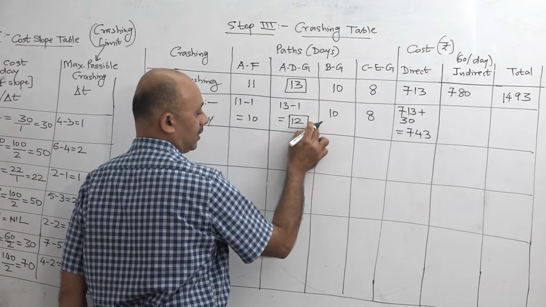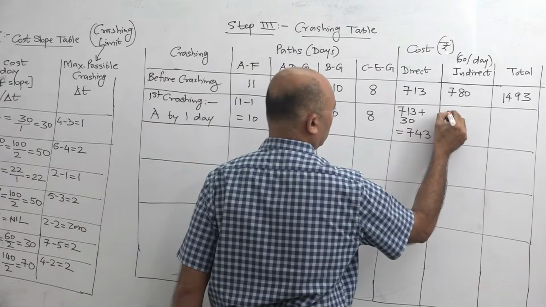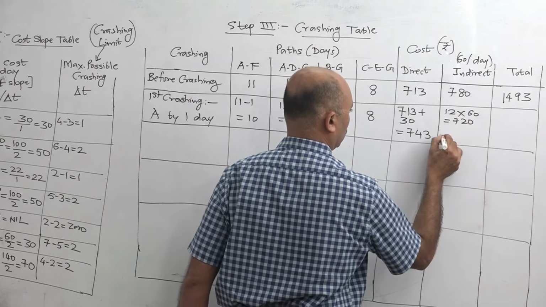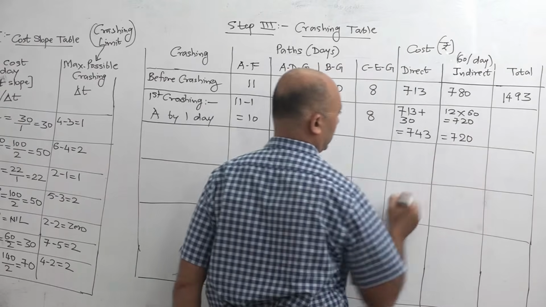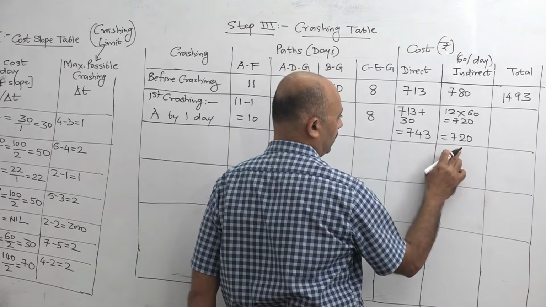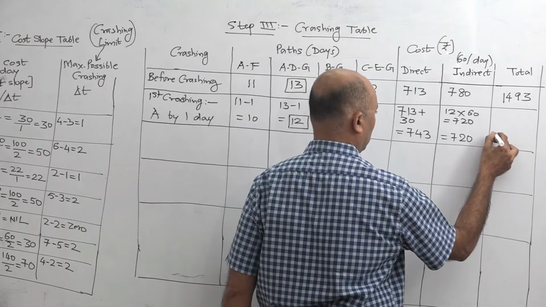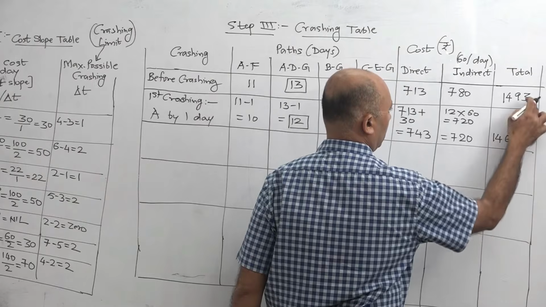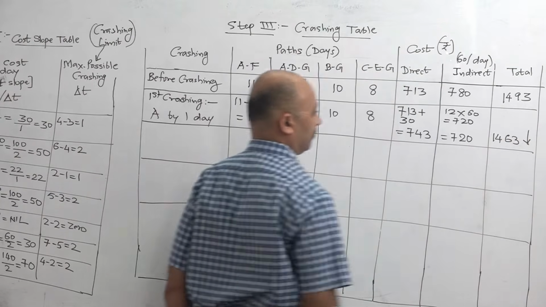Okay, from 13 it has become 12. So 12 into 60, so it will be 720. Now the total indirect cost will be 720. So now you add 743 plus 720. So now it will become 1463. So now if you compare, the total cost has decreased.